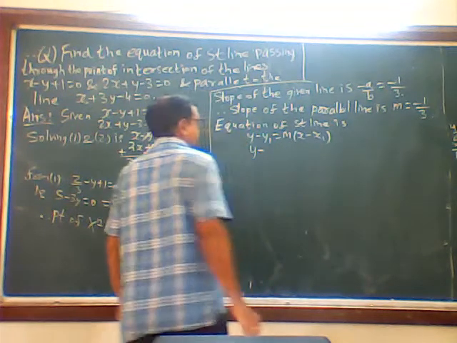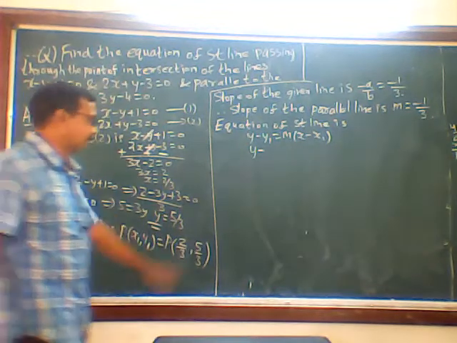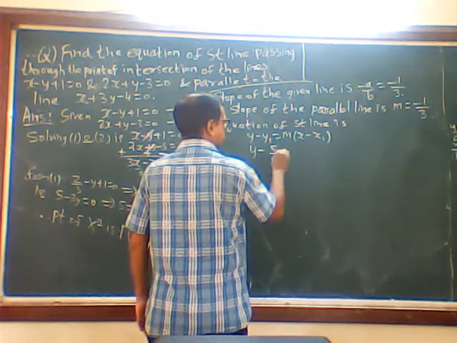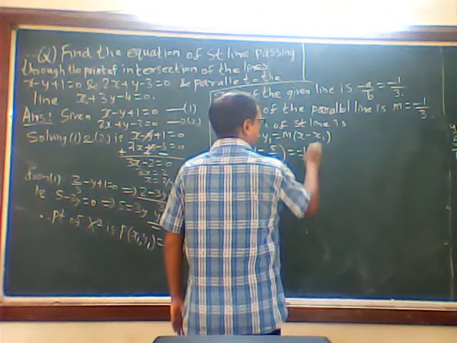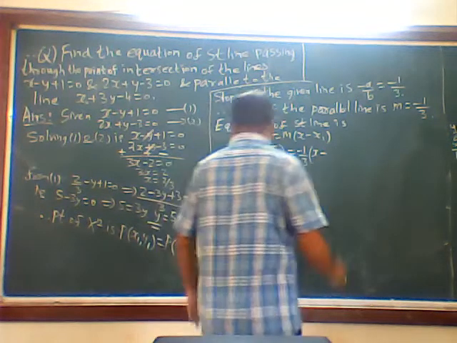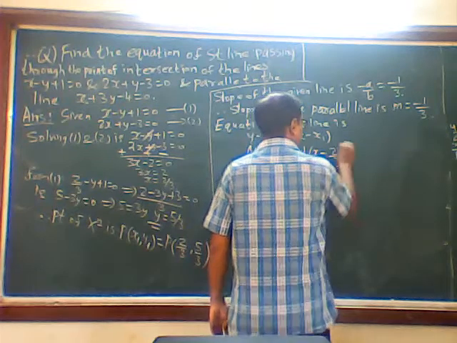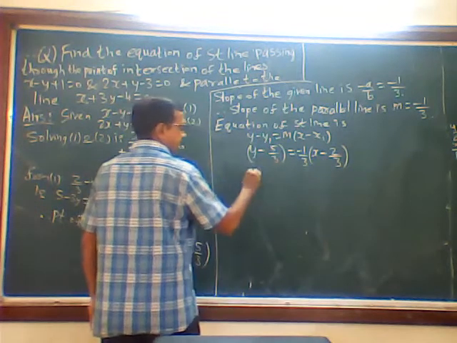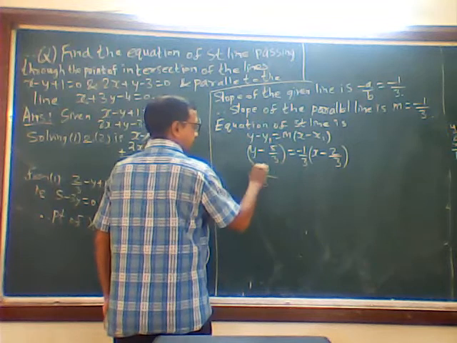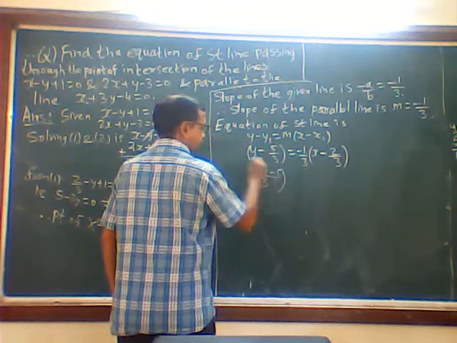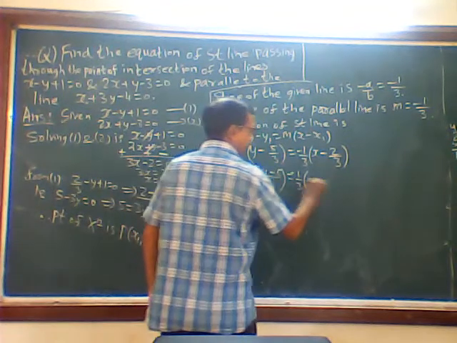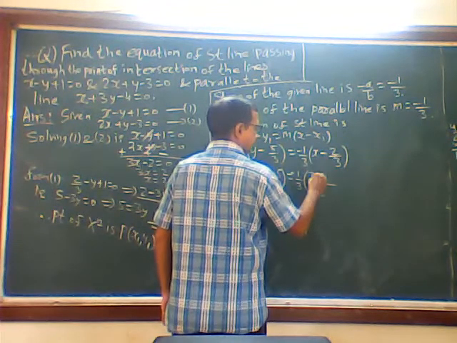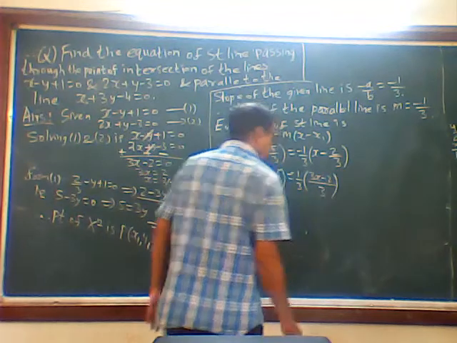So y minus y1 is 5 upon 3, m is minus 1 upon 3, x minus x1 is x minus 2 upon 3. First I take LCM in this bracket, 3: 3y minus 5 upon 3, and here also 3x minus 2 upon 3.